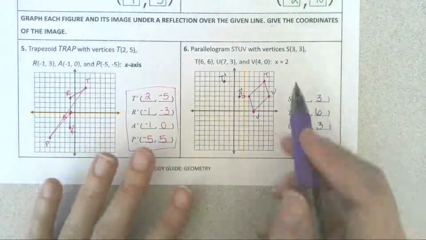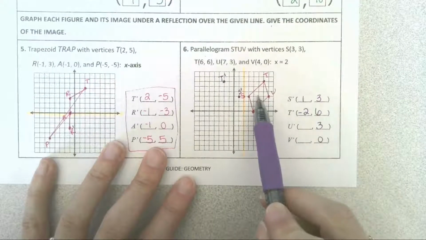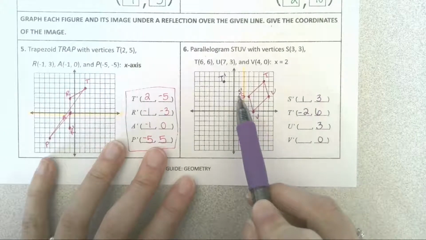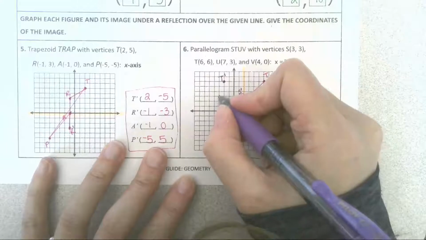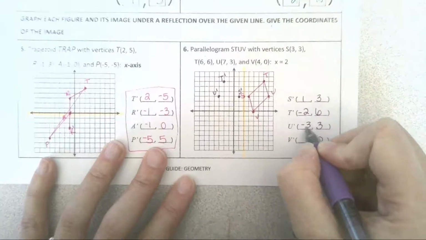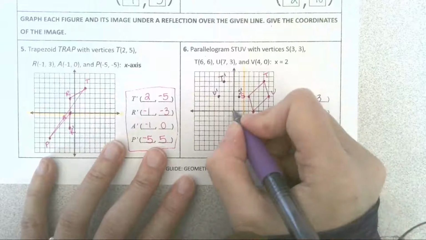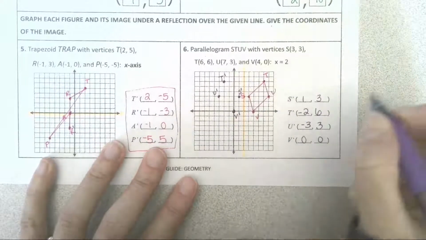We just have to figure out what the x value of U is. So when we flip this over, 1, 2, 3, 4, 5, 1, 2, 3, 4, 5, it's going to be right there. And that's -3, 3. And then V prime is going to end up at 0, 0.